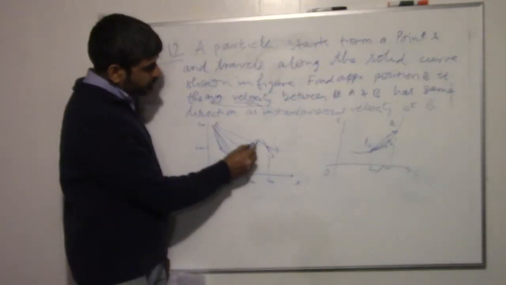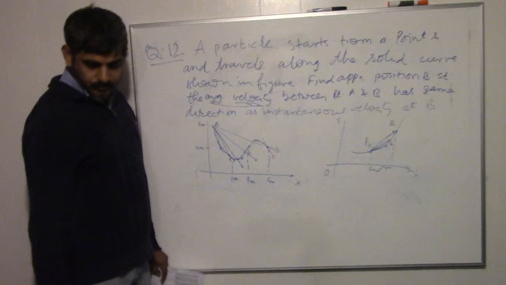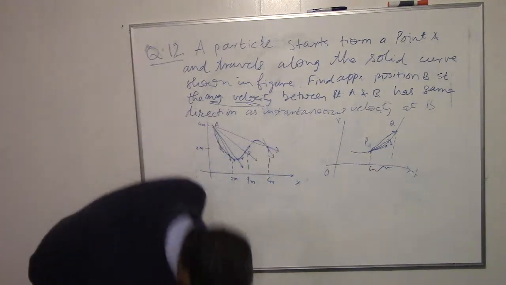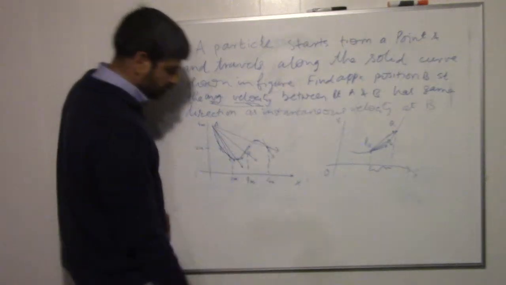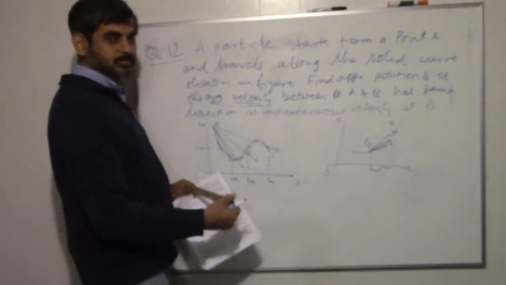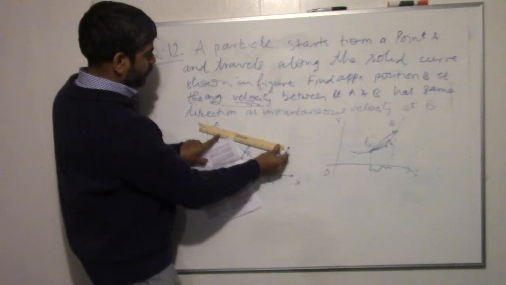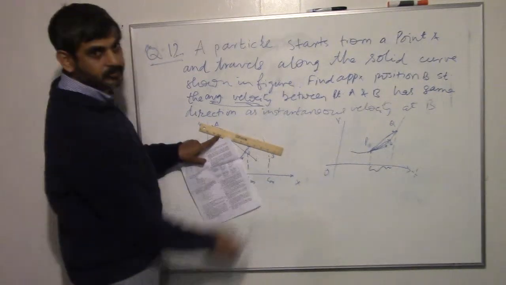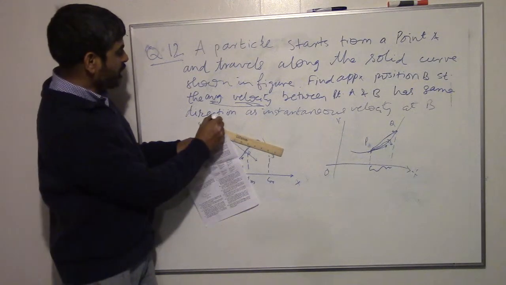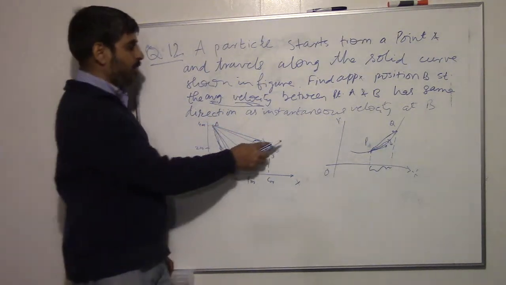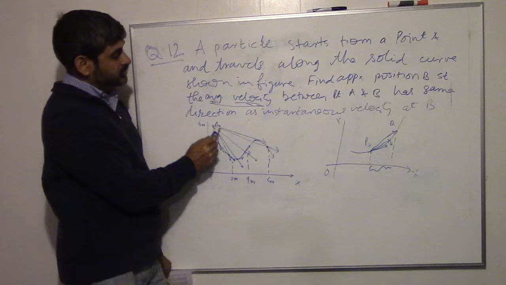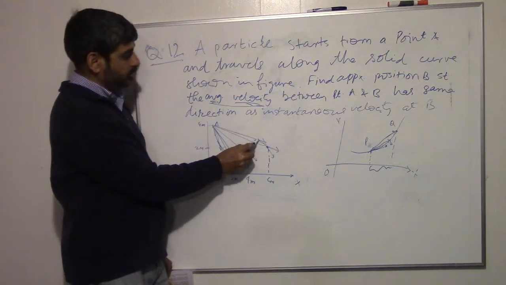But look at this point somewhere here. I have a scale with me, and I take this scale ruler and join it here and try to touch this curve. I join a line like this. The line has the property that it just touches the curve at this point.